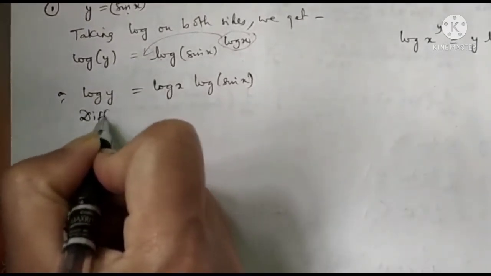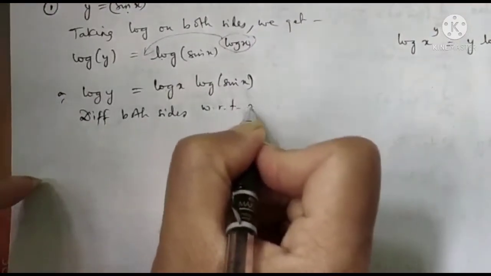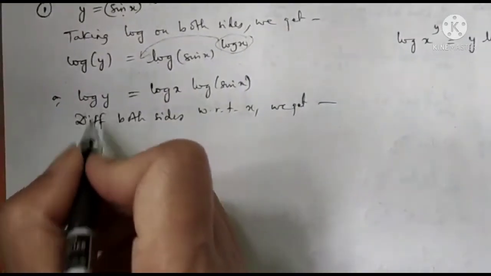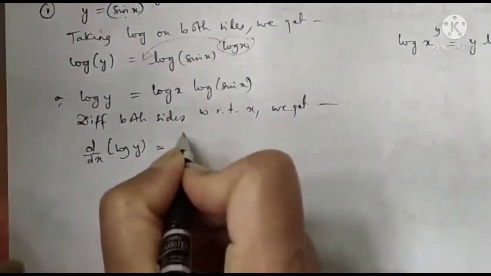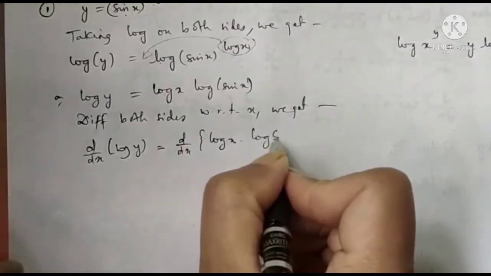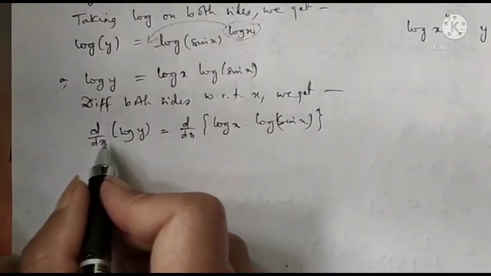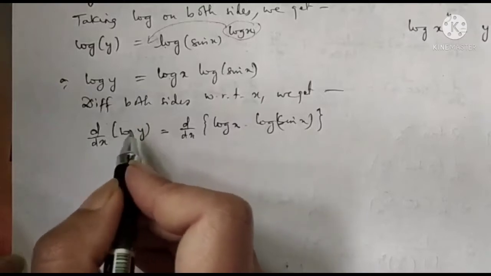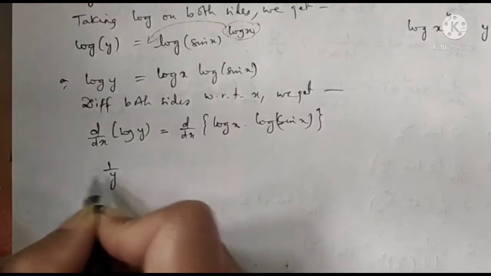Okay? So differentiating both sides with respect to x, what do we get? Here, d by dx of log y equals d by dx of log x into log sine x. Done. Okay, d by dx of log y: x is a different variable, y is a different variable. First of all, let us think about log differentiation. d by dx of log x is 1 by x, so obviously d by dx of log y is 1 by y.